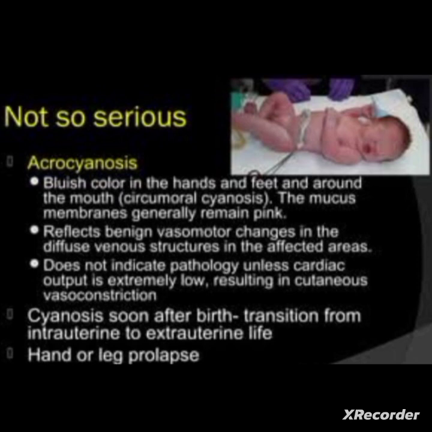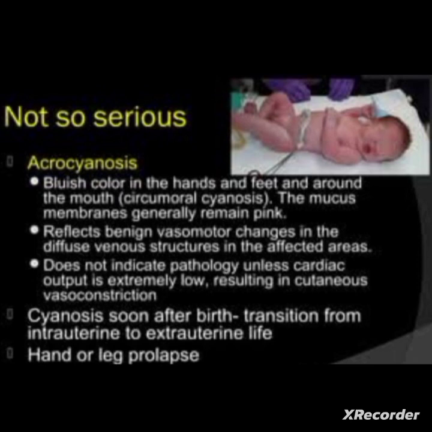Acrocyanosis is not that serious and will resolve by itself. There is bluish discoloration of the hands, feet and around the mouth, and the mucous membranes remain pink, mainly due to vasomotor changes.